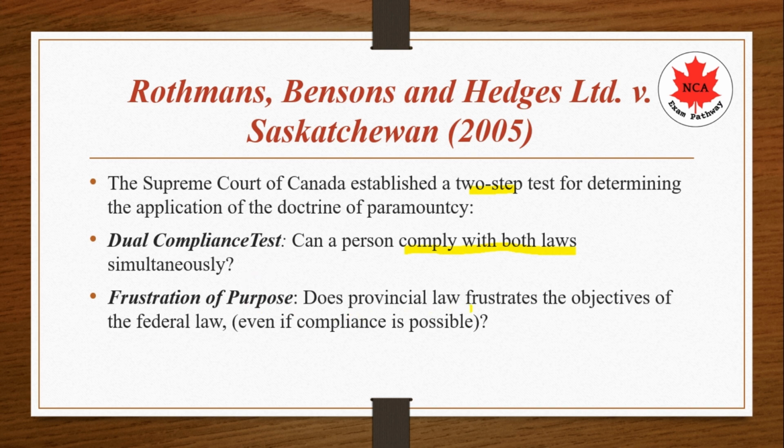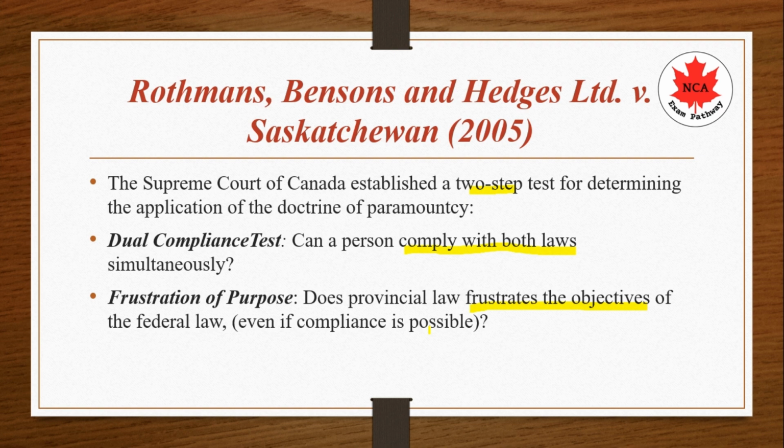In the frustration of purpose test, the court will check: does the provincial law frustrate the objects of the federal law, even if compliance is possible? Now, while applying this two-step test in any situation, if the answer to the dual compliance test is yes, that is, if it is possible to comply with both the laws at the same time, and the answer to the frustration of purpose test is no, that is, the provincial law does not frustrate the objects of the federal law, then both the laws stand operative.